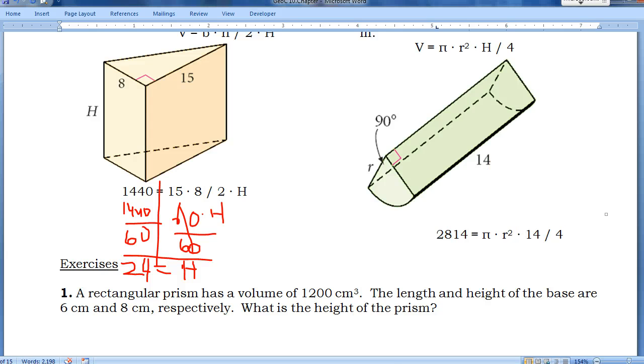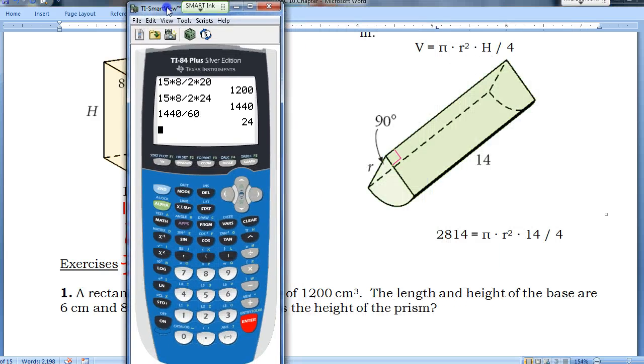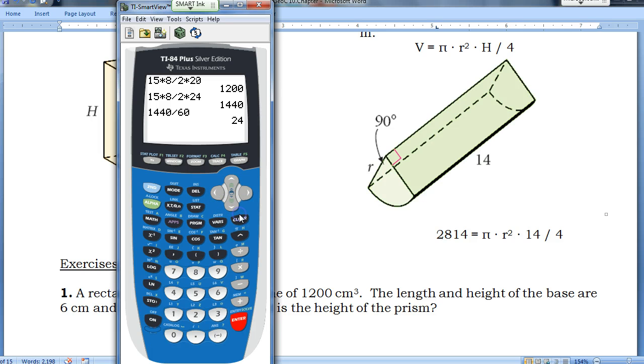So if I want to go the guess and check route, I have pi times some number for the radius, and I'm going to try 2, times the height divided by 4. And my goal is to get 2,814, and I am way too low. So I'm going to try something a little higher.